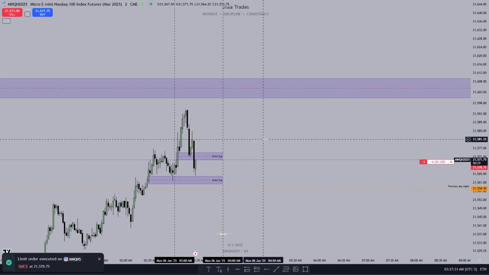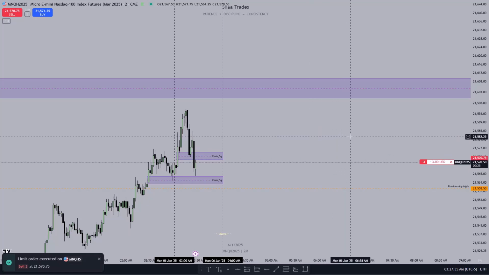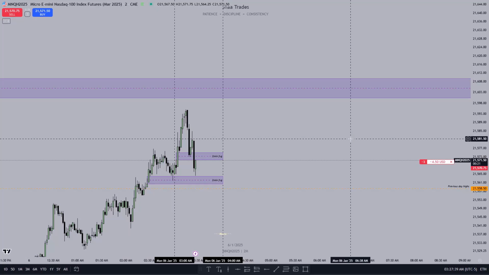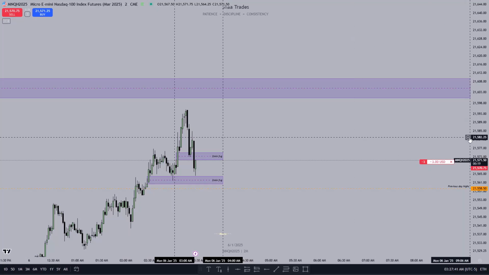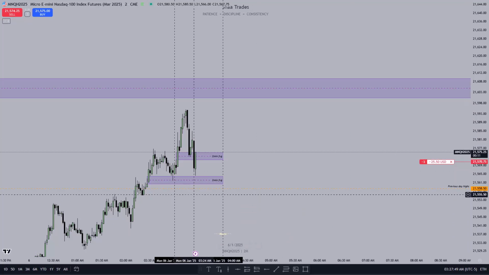I'm gonna put a stop loss above here. Yeah, I'm gonna put a stop loss about here. I want to see price respect this here.